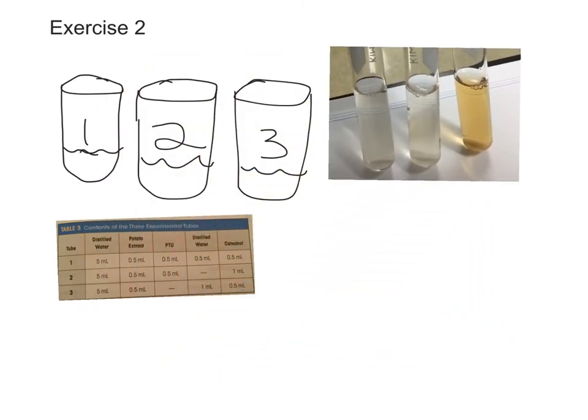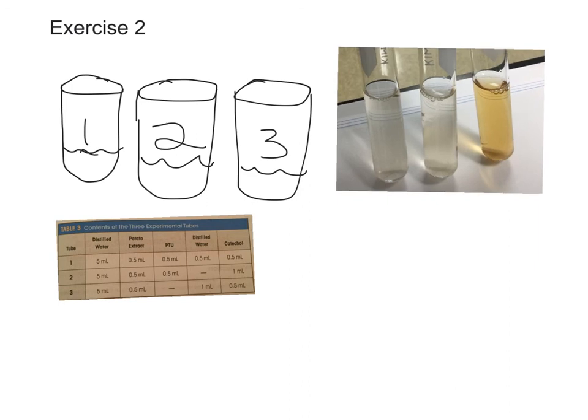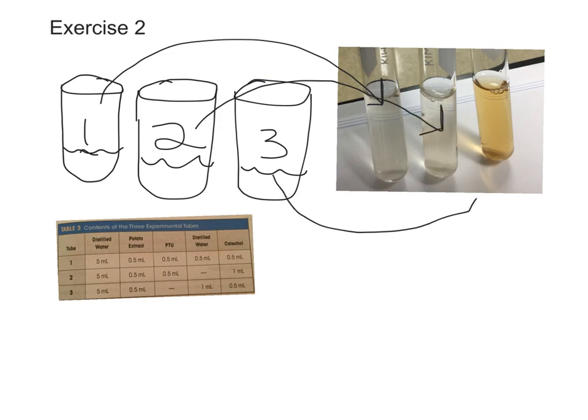All right, so let's take a look here. Test tube number 1, clear. Test tube number 2, clear. And test tube number 3 is that bruising color.